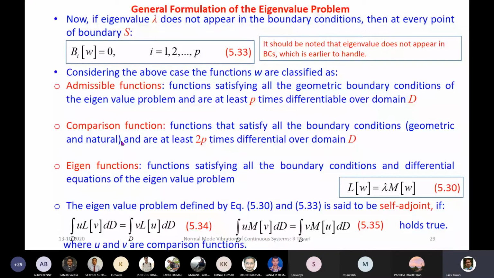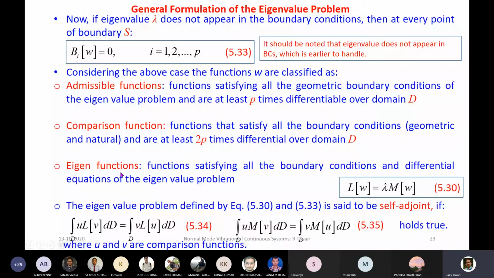So if we satisfy all the boundary conditions and the function can be differentiated 2p times without vanishing, then that is called a comparison function.